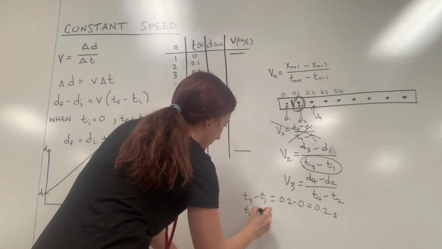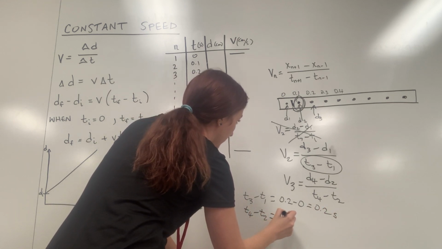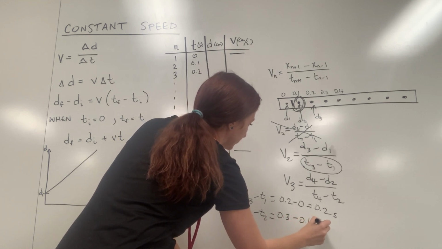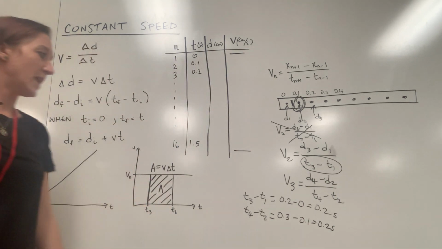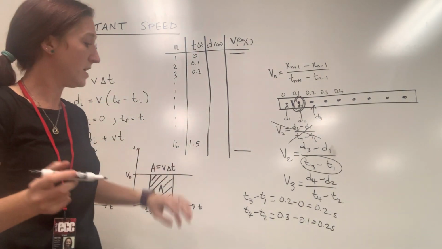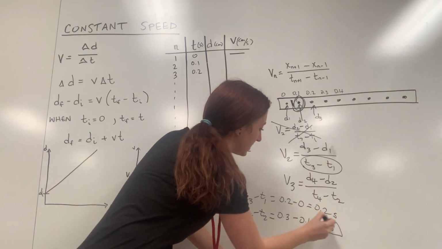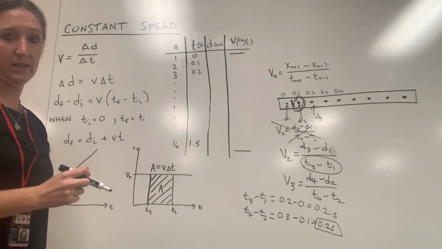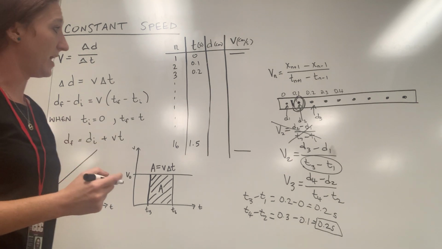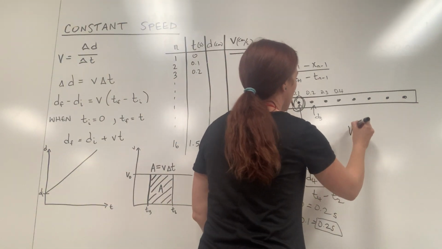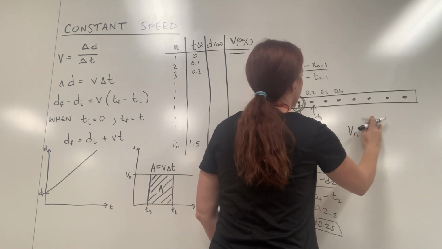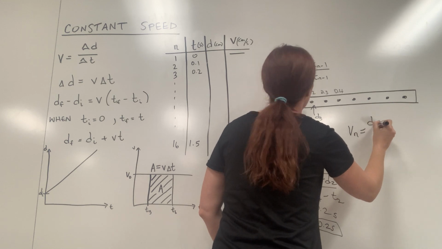T4 minus T2. So our denominator, because we have a uniform time step, is always going to be 0.2 seconds. So we can actually simplify our equation to simply say, we're going to use D for our distances.